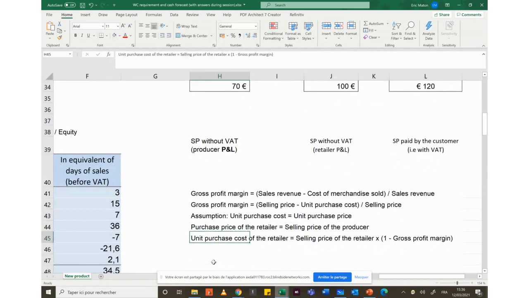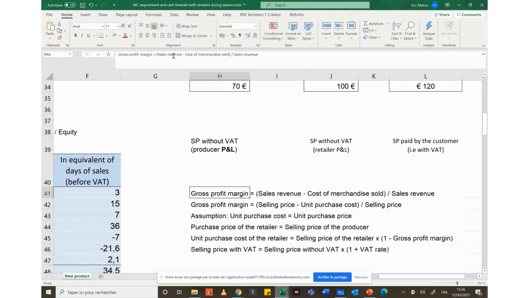Okay, and don't forget the selling price with VAT is equal to the selling price without VAT multiplied by 1 plus the VAT rate. We have it with VAT, and we want to come back to the price without VAT. So we do the reverse, we divide by 1 plus the VAT rate.